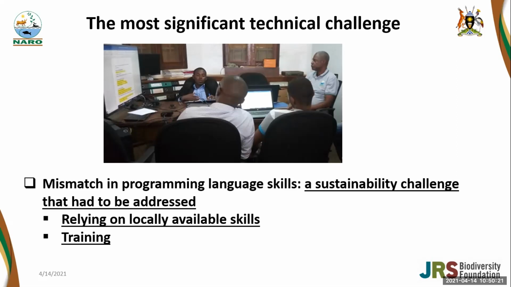One of the reasons could be institutions hire expertise, maybe from abroad, and then once the project funding has ended, then it ends there. So for us, what we did was to focus on using locally available skills, and of course, intensify training at our institute.